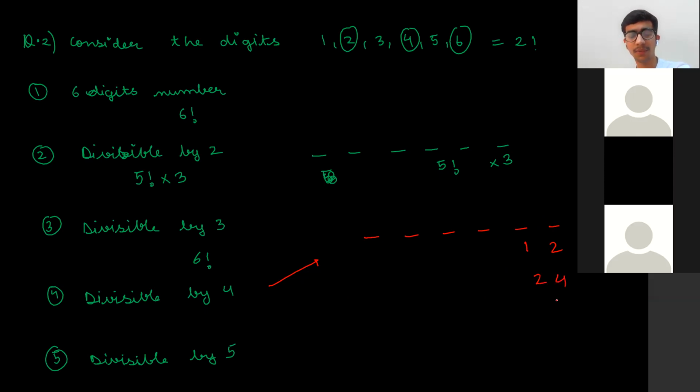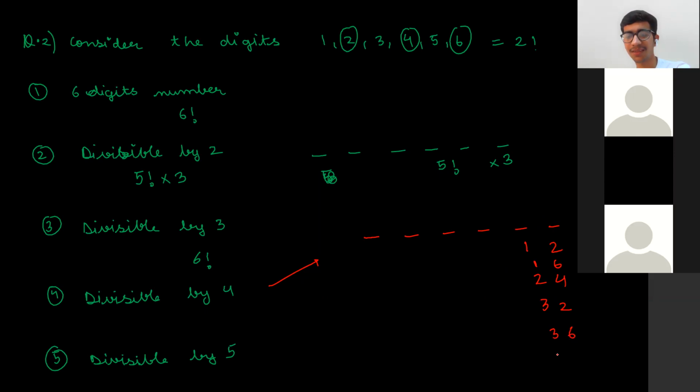Tell me the other cases possible. 12, 16, 24, 32, 36, 52, 56, 64. अरे धीरे धीरे. 12, 16, 24, 32, 36.